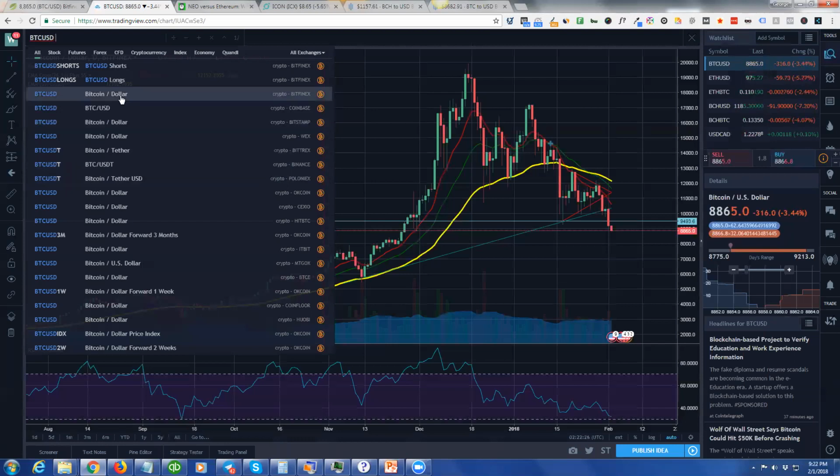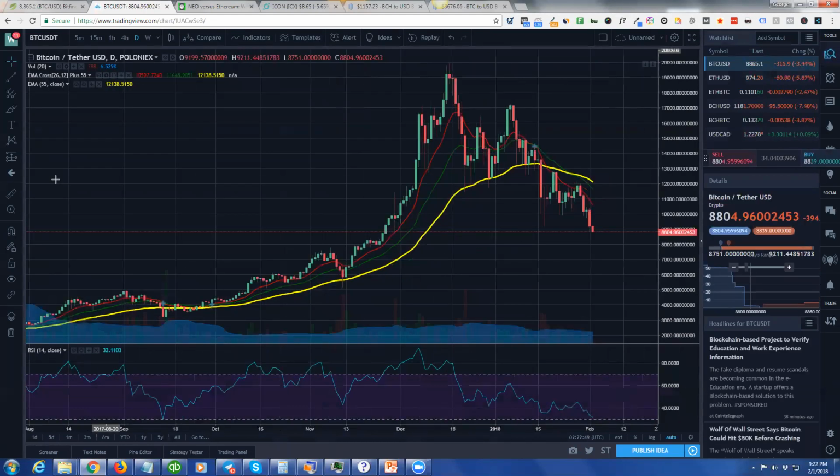So again, let's say for instance, the only way you could use it on Poloniex, what would happen is if you had one Bitcoin, say you bought a Bitcoin at Coinbase and you transferred it to Poloniex and then you sold it, if you wanted to sell it using BTC USDT, you would be selling one Bitcoin. Well, let's pull it up here so I can show you. Right, so here it's 88.65. You can see the price is pretty much this. Sorry, that's BTC USD. Let's look at the price here. So it's 88.04 Tether, right? Which is pretty close. Actually, it's $40 difference, right?